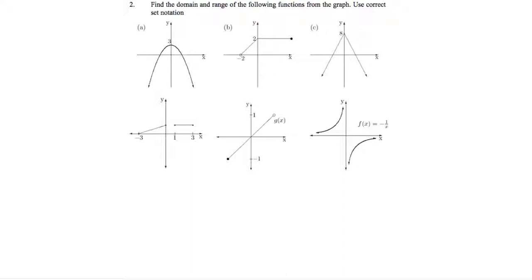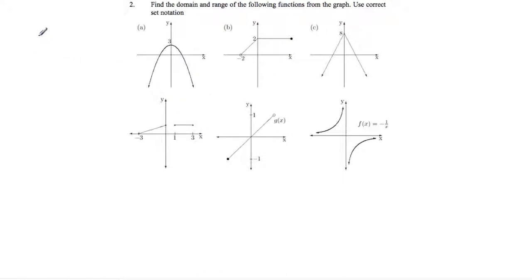So we want to find the domain and range from these graphs. And looking at this, I did change this a little bit. I actually had some y values here, and that seems to not have saved. So for this right now, we'll kind of go through it.